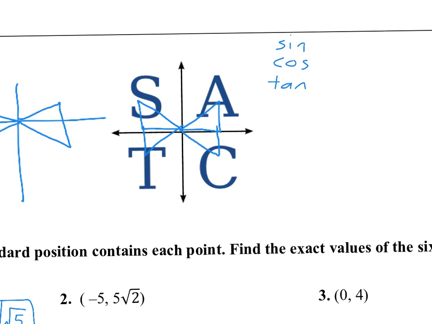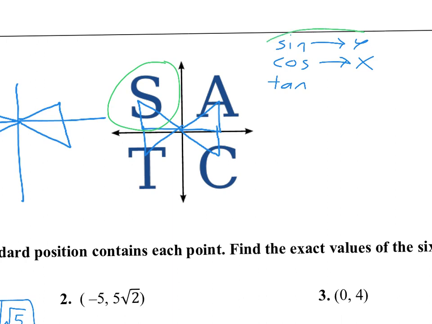Alright, recall when I taught the unit circle, I was telling you guys that cosine relates to the x and sine relates to the y. So if you look at quadrant 2, think about a coordinate in quadrant 2. The x is negative and the y is positive.